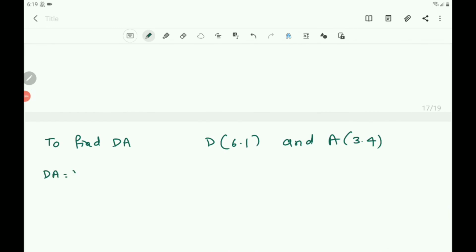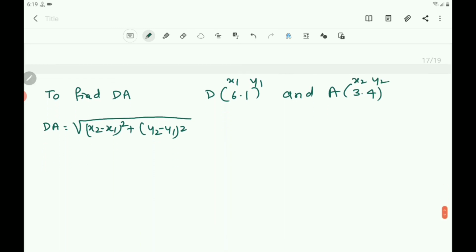DA equals whole root of (x2 minus x1) whole square plus (y2 minus y1) whole square. Consider this is x1, y1 and this is x2, y2.